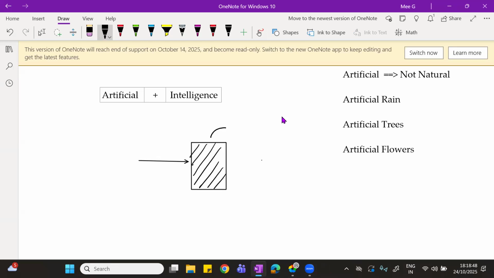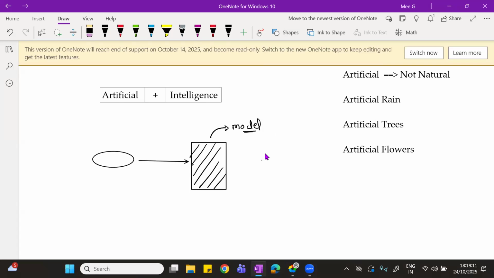Now, this machine we call a model. You know what a model is, right? So this is called a model. You are going to give the intelligence to this machine artificially, not naturally. And how is this intelligence passed to the machine or model? Through data.